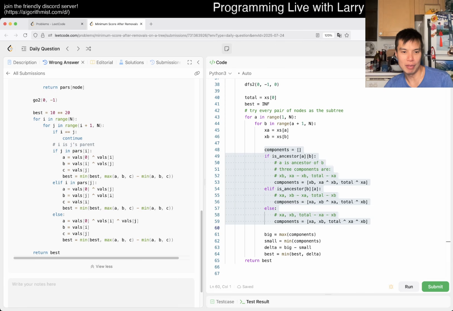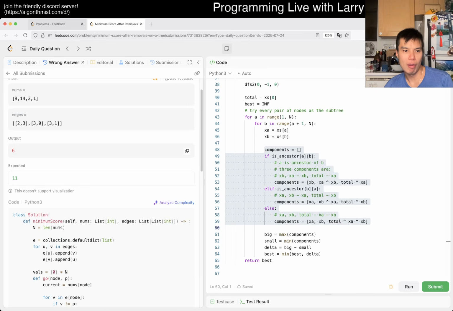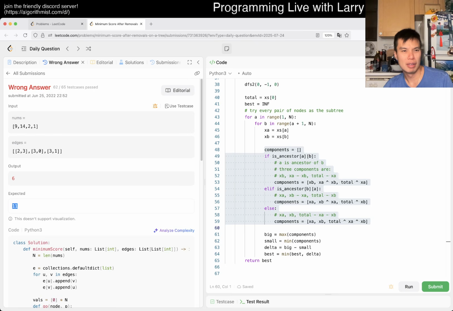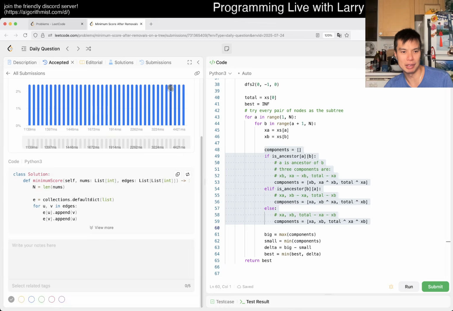Maybe I did this stuff wrong. I don't know. Actually, I'm curious what I did wrong. 6 expected 11. I wish there was a diff thing, because I clearly fixed it, so it must have been something silly.